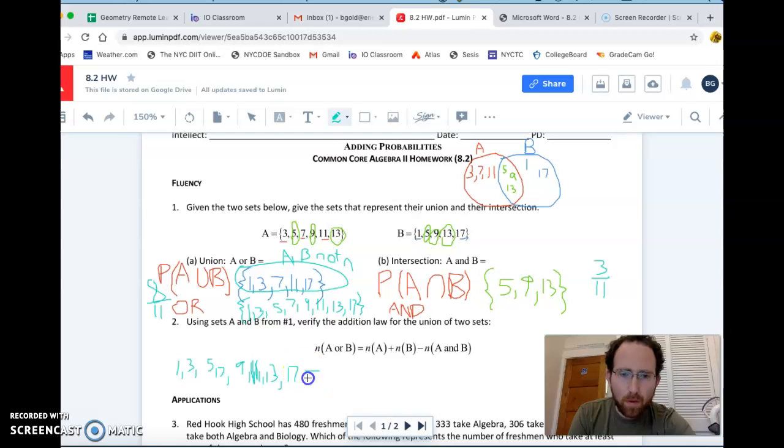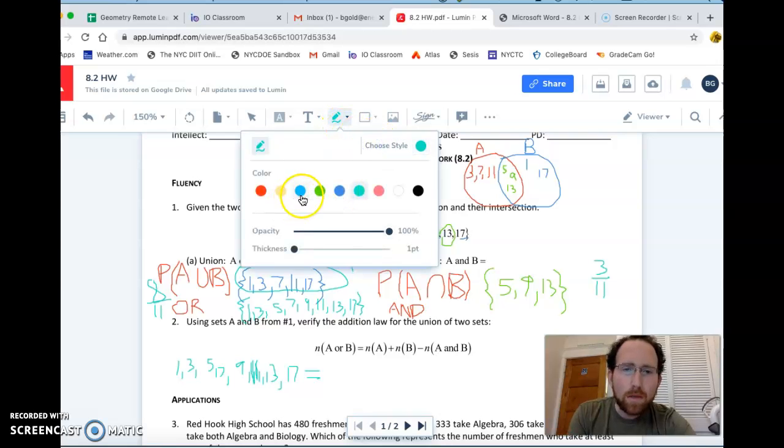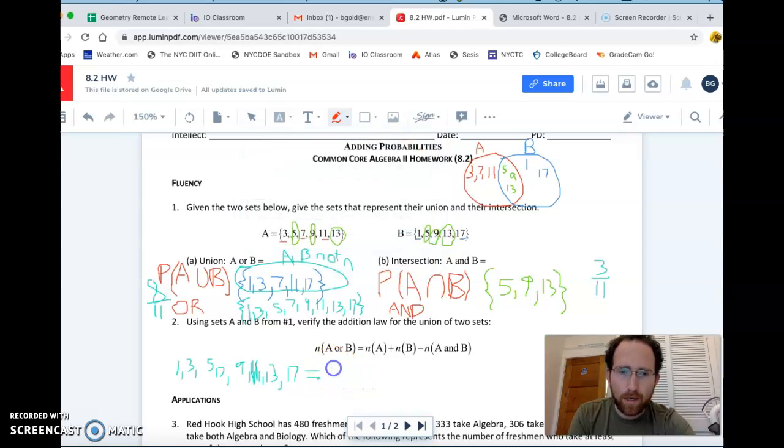So that should equal this, which I'll do in red because technically those other numbers in the middle do count. So 3, 5, 7, 9, 11, 13.